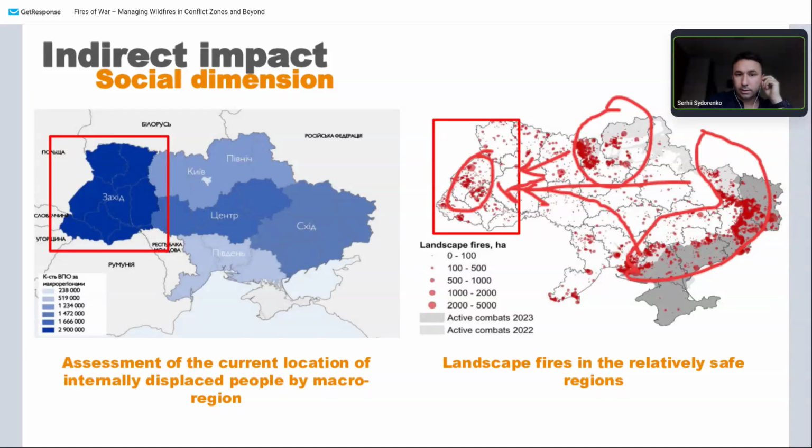This increase in population, because 8 million people is around 25% of the whole population of Ukraine, also led to an increase in the number of landscape fires in the region, because some people stayed in large cities, but a lot of them also moved to rural areas. And fire usually follows population. So places with a higher population density, of course, have a larger number of ignitions.